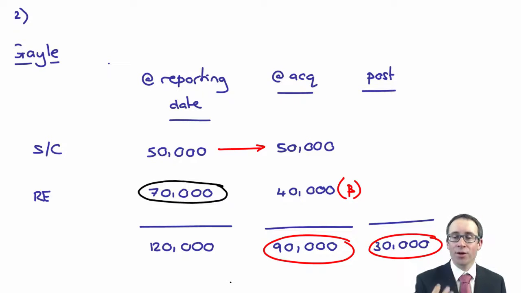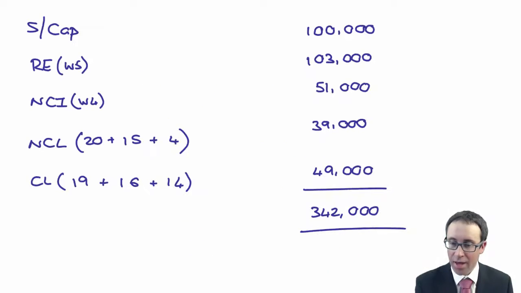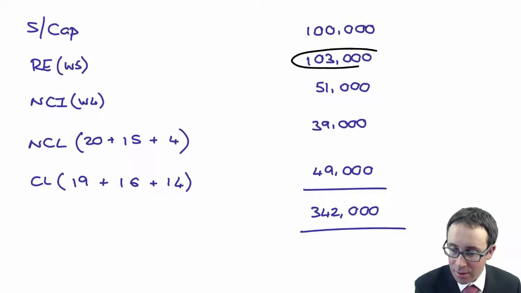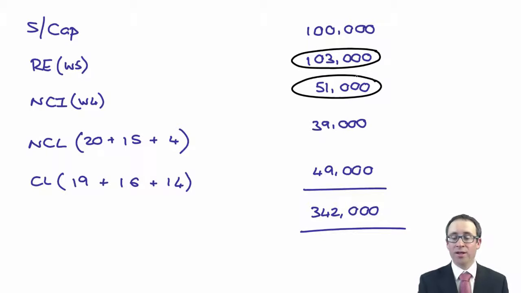And what that would then do is change the retained earnings. It would change the non-controlling interest.